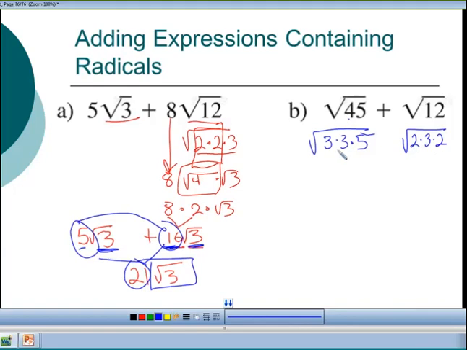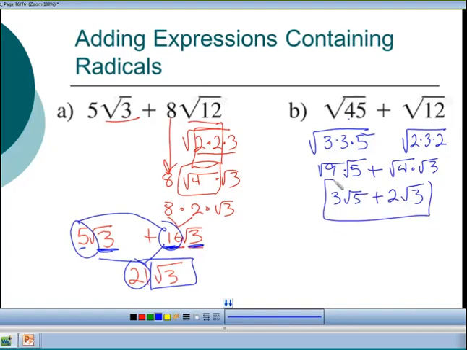If I square root this, it's the square root of 9 times 5, square root of 5, plus the square root of 4 times square root of 3. And this turns out to be 3 square root of 5 plus 2 square root of 3. So we've done a great job of prime factorization on this, but it does not allow me to add in the end. So let's go ahead and take a look at subtraction now.